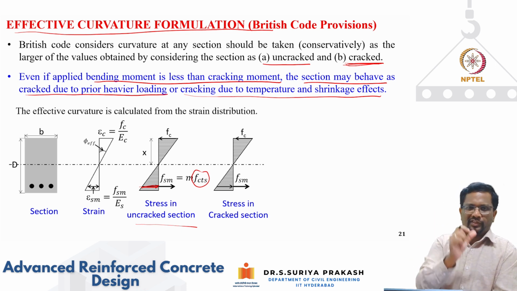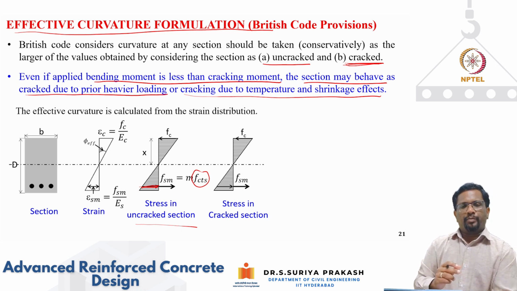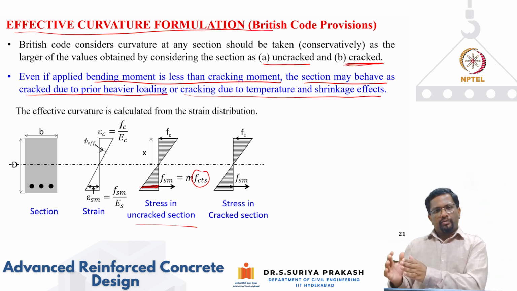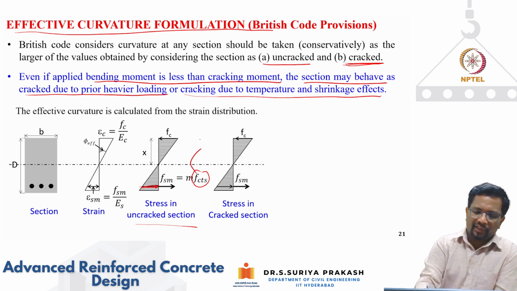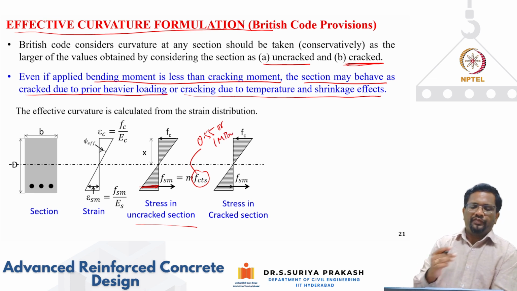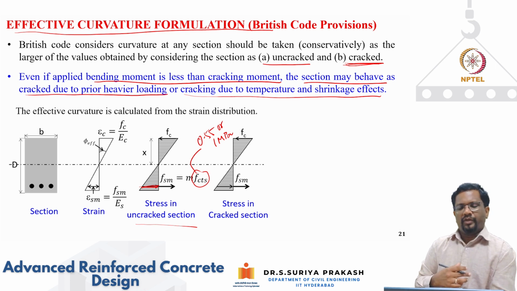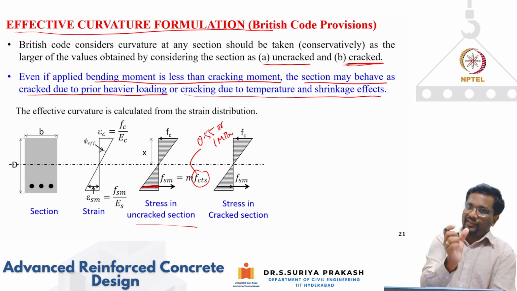Depending upon whether I am calculating short-term or long-term deflection, this fcts is taken as 0.55 or 1 megapascal. Once I fix that limit, the stress at the level of your steel is going to be the modular ratio times the stress in the concrete, which I am fixing. That's what the code is asking you to fix.